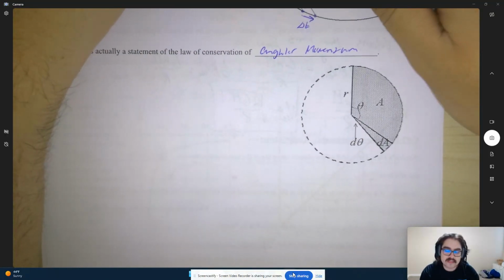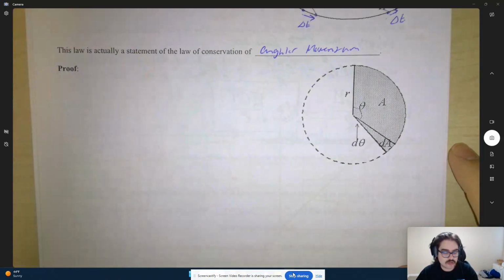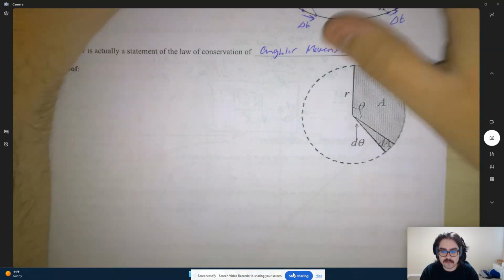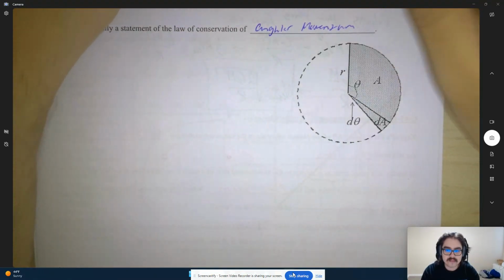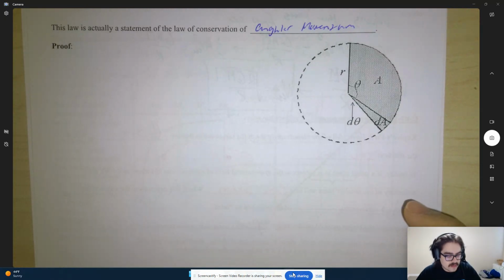This is for a circular orbit, and it does apply to elliptical orbits as well, but it's just easier to show with a circular orbit. In this case, let's say that we have a planet orbiting in a circular motion.